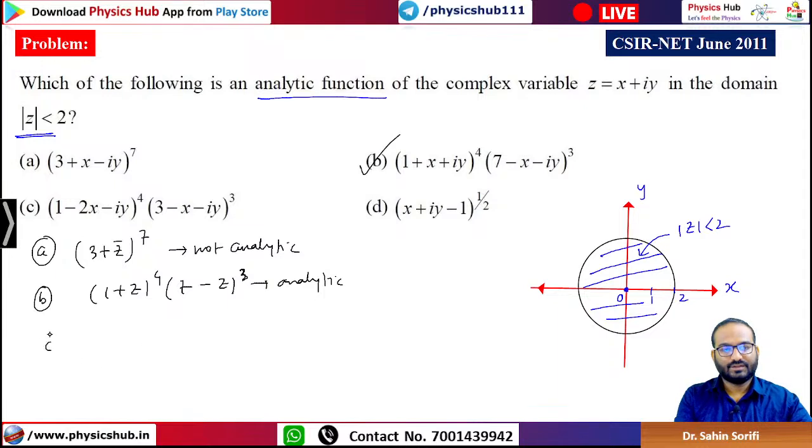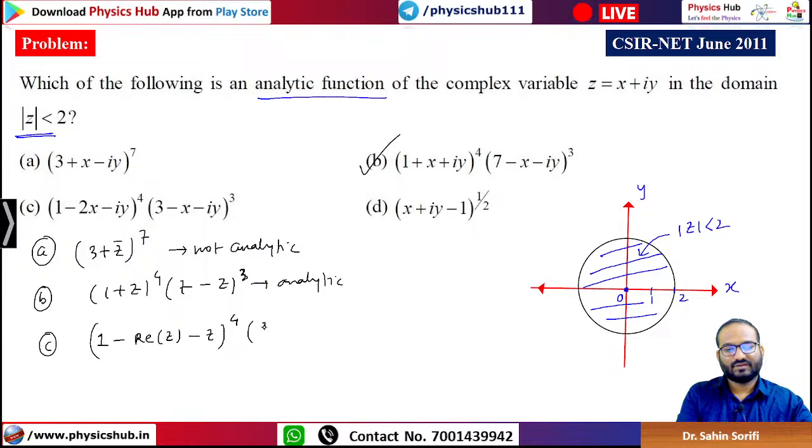Option C: 1 minus 2x, you can say 1 minus x minus x minus iy, so that is z. 3 minus z cube. Although it contains z, it also contains the real part of z. If it has the real part of z, that is not analytic. It should only have z, then it will be analytic.